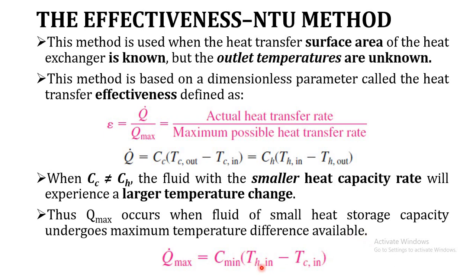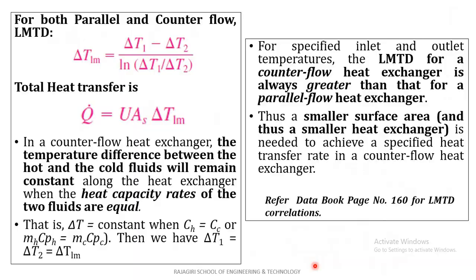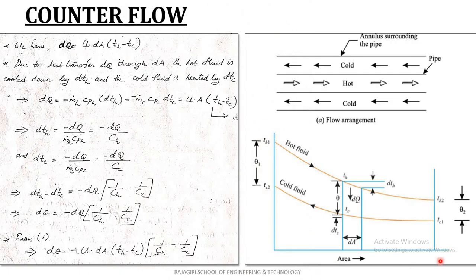That is Th in minus Tc in. Just refer to this figure, the temperature profile in a counterflow heat exchanger. Th1 minus Tc1 is the maximum temperature difference available here. Th1 is the maximum temperature, Tc1 is the minimum temperature in a heat exchanger.